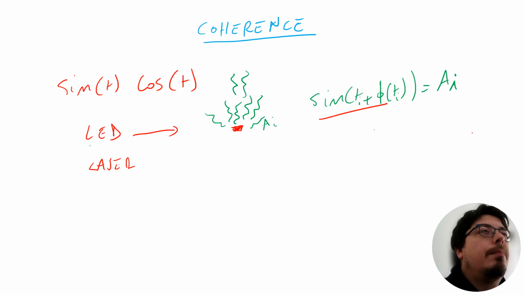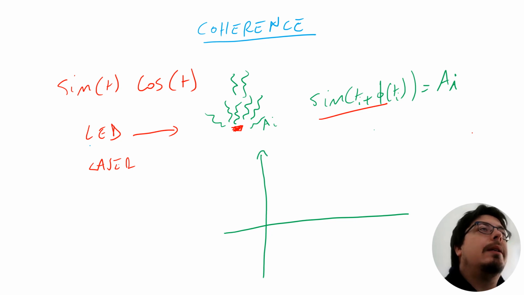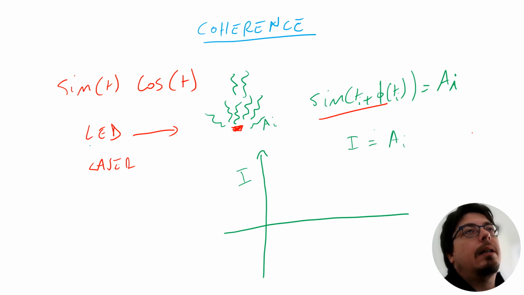If you plot them in time in one dimension, thinking about the amplitude in any given direction, this is the amplitude. The intensity is the amplitude I modulus squared.